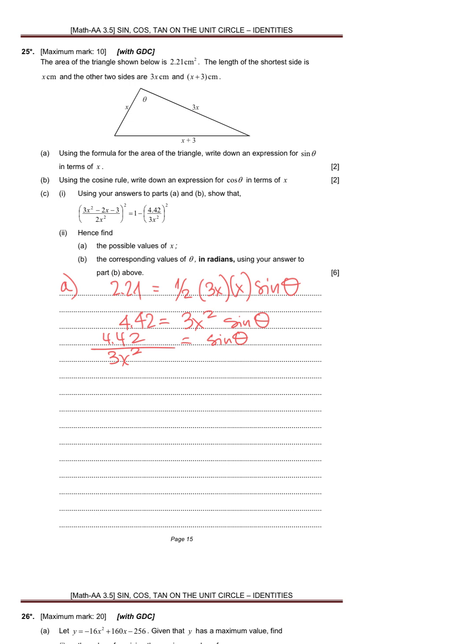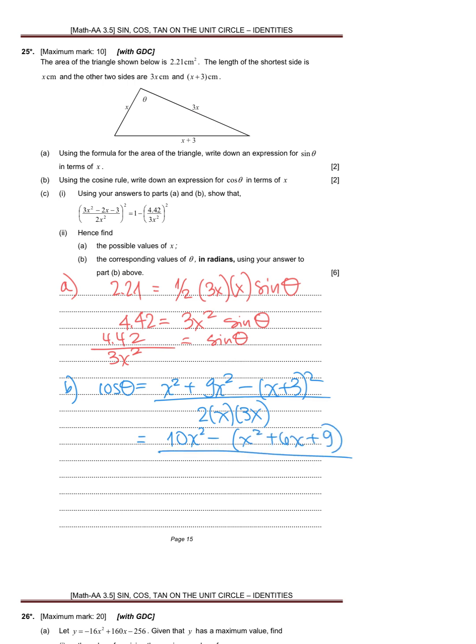Okay, so now, using the cosine rule, write down an expression for cosine theta in terms of x. Okay, so we have cosine theta is x squared plus 3x squared minus x plus 3 squared over 2 times x times 3x. So if we simplify that, that's 10x squared minus x squared plus 6x plus 9 over 6x squared.